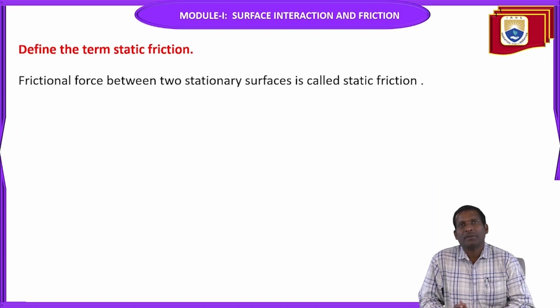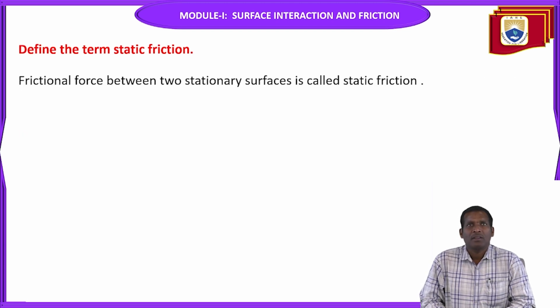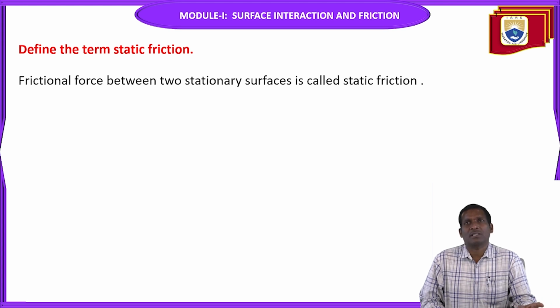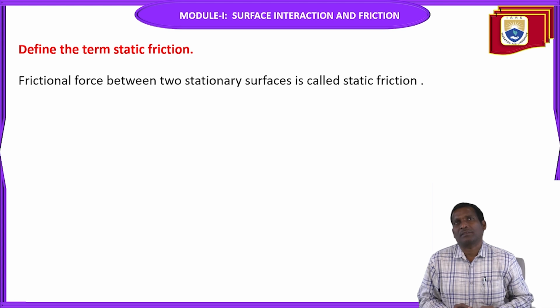So define the term static friction. Static friction is nothing but the frictional force between two stationary surfaces. We have already discussed static friction, sliding friction, and rolling friction. The frictional force between two stationary surfaces is called static friction.